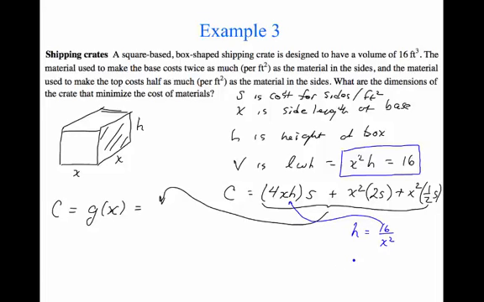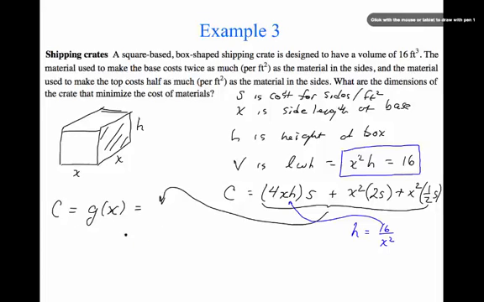So 16 over X squared is H. And now we've got it in terms of X. S is a parameter, so it's okay to have S in the function for cost because S isn't going to change. That's the set price per unit for the sides. So we can have an S in there. It's not variable. But everything else will be X. So we're going to plug 16 over X squared in for H, and then you rewrite that. That'll be the cost function.